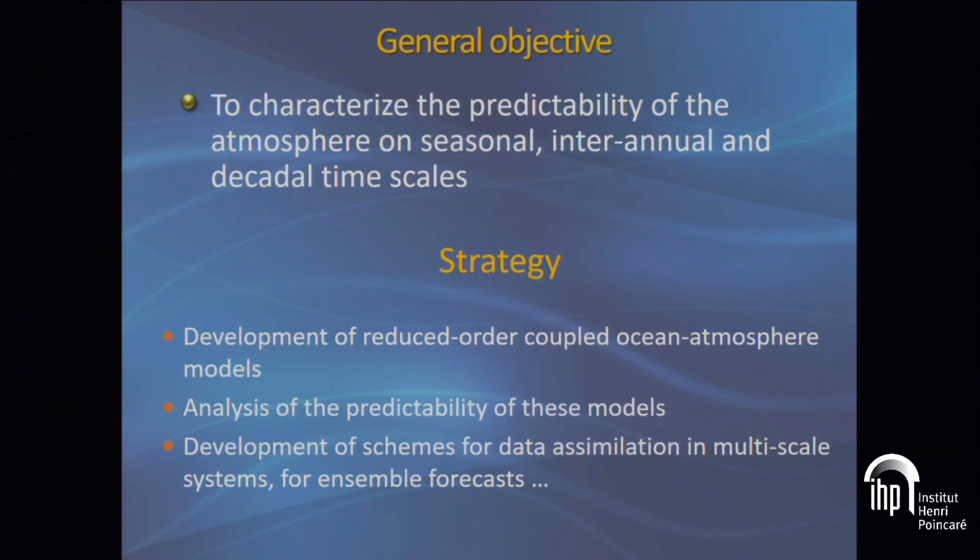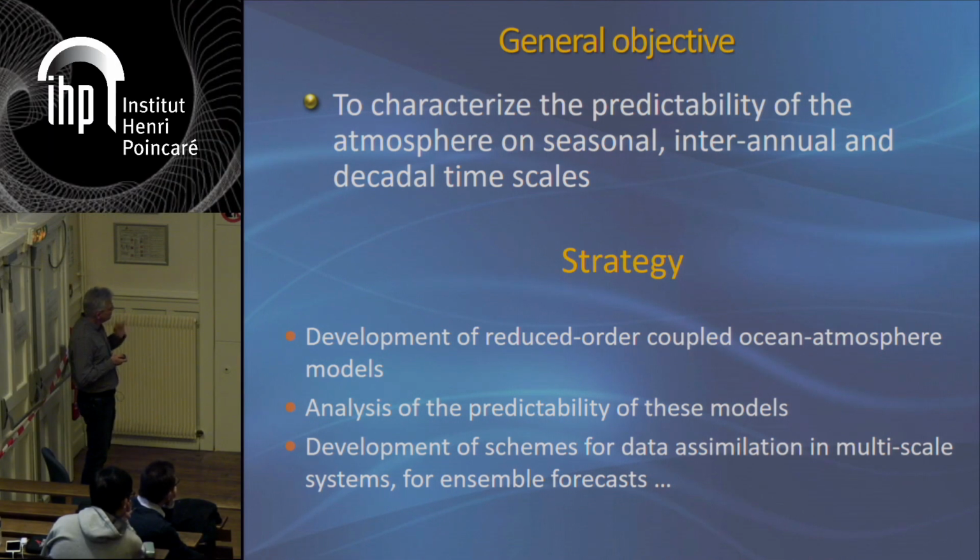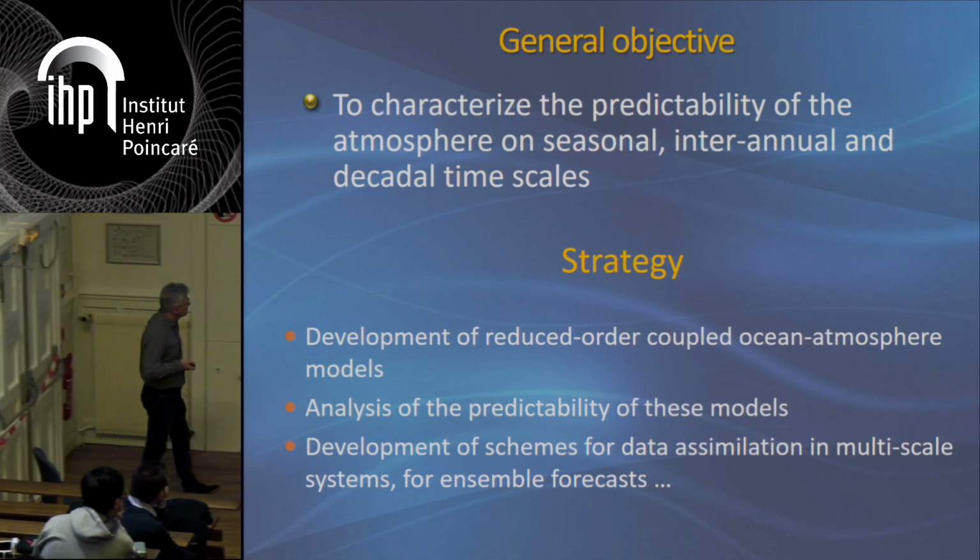Okay? So this is the strategy. What we'd like to do in the context of this work is to characterize the predictability of the atmosphere at seasonal, interannual, and decadal timescales. And the strategy is to develop reduced order coupled ocean atmosphere models and to investigate the predictability of these models.